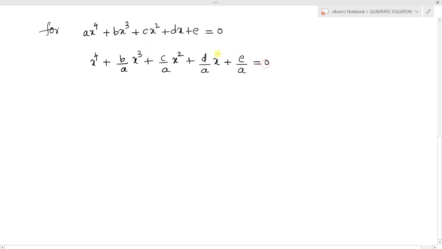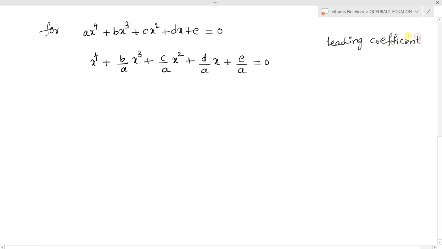Okay, for any polynomial, the coefficient of the highest degree of the variable is called the leading coefficient. So what is the leading coefficient?